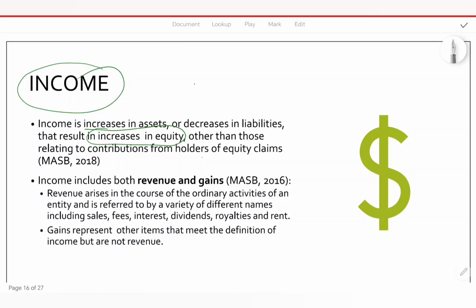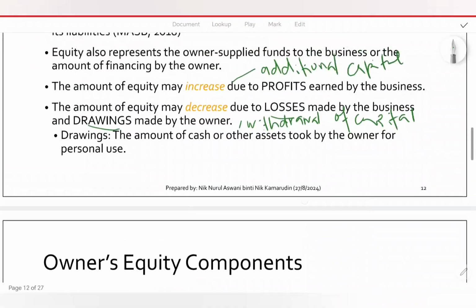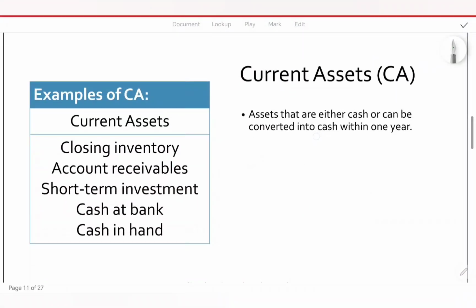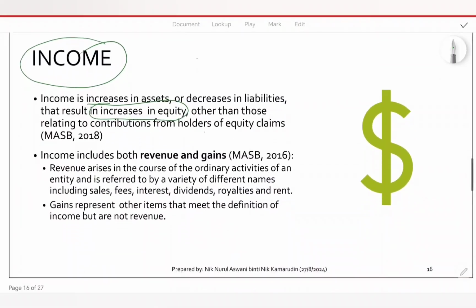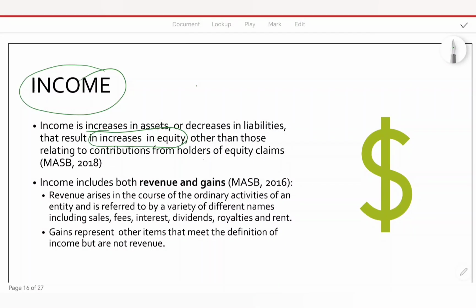You are going to record accounts receivable, which is also an asset to the business, as we have discussed under assets. So an increase in assets that results in an increase in equity meets the definition of income. Or a decrease in liabilities. For example, you purchase goods on credit.